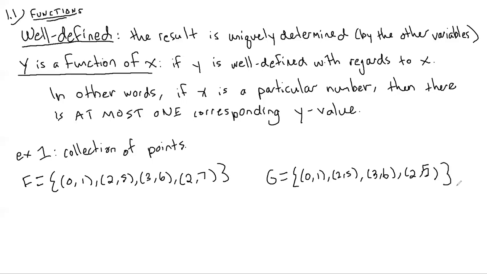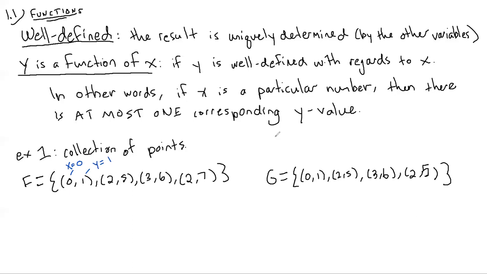If we look at these, remember, as a collection of points, usually it's written as x comma y. So I'll make a little note there. That means x is 0, y is 1, and similarly for all of those coordinates in those brackets.